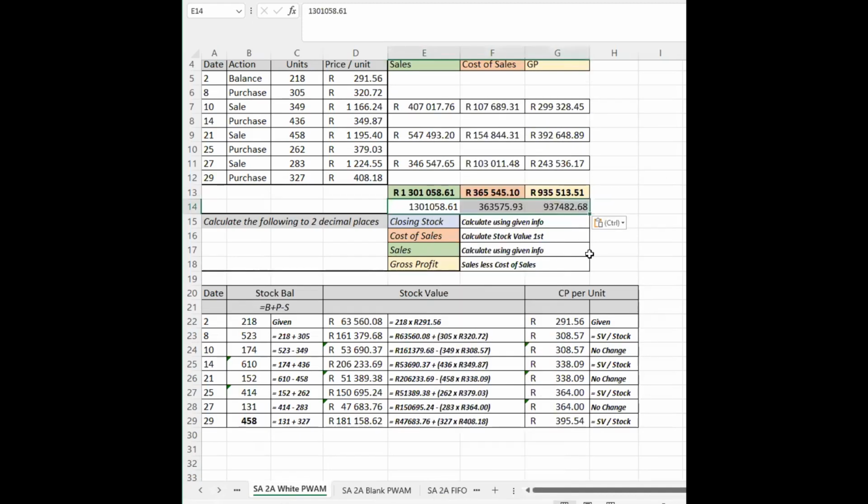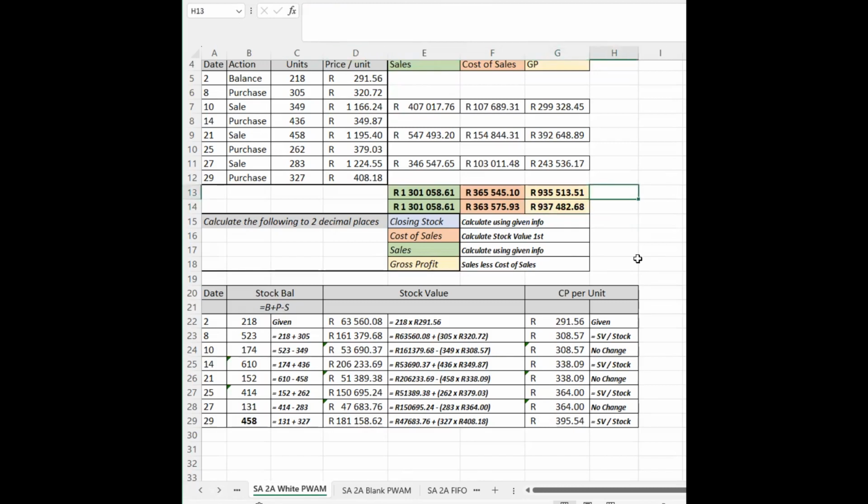Using those numbers, we can see, look, if I use the same formatting, the sales is exactly the same, but the cost of sales is slightly less, because every time there's a sale, we got rid of the old stock, which means that our gross profit will be a little more, and our stock value will obviously also be a little more.